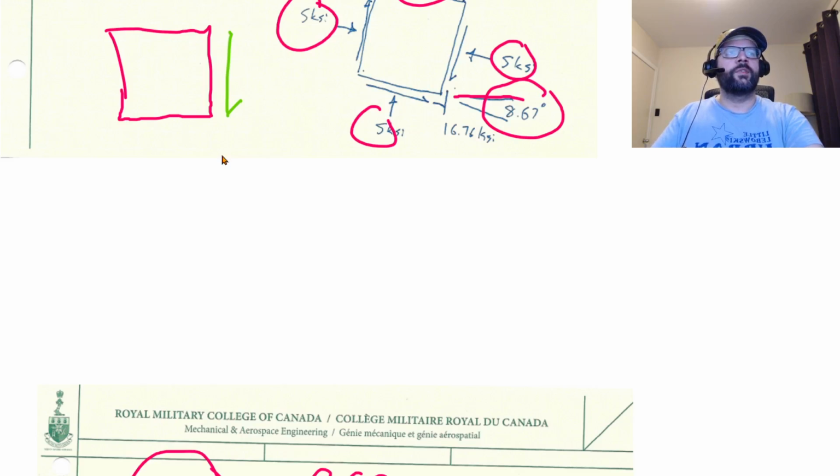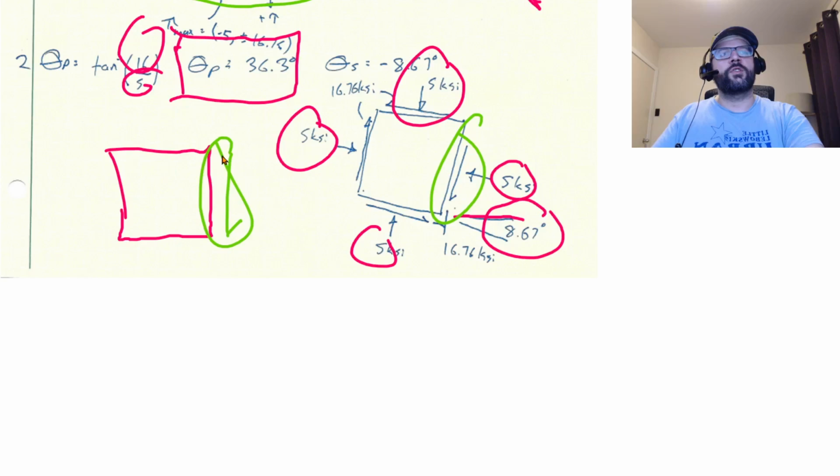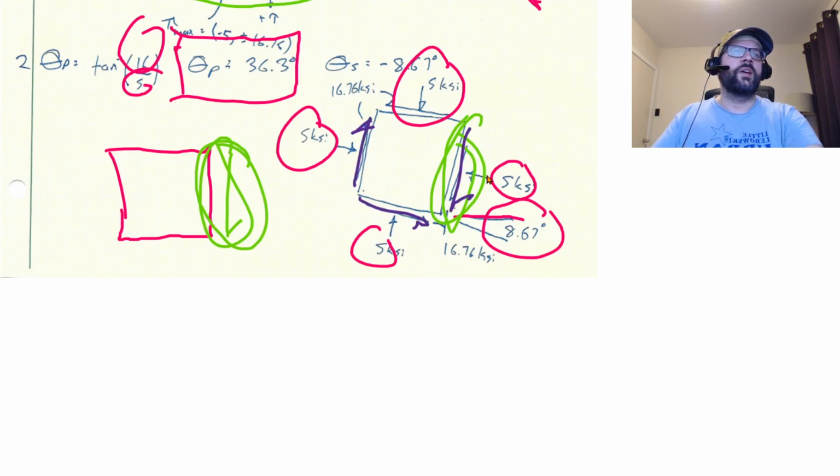This face corresponds to that face. So the shear stress on this face is the same directionality, just a bit larger than the shear stress on this face. So therefore we know that the directionality on all the faces goes like that. And that is about that.